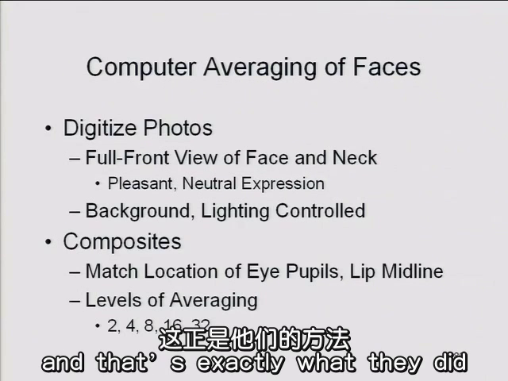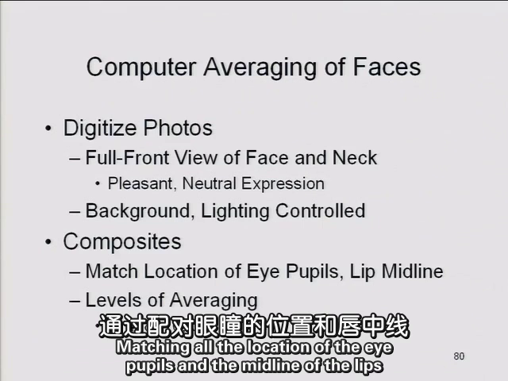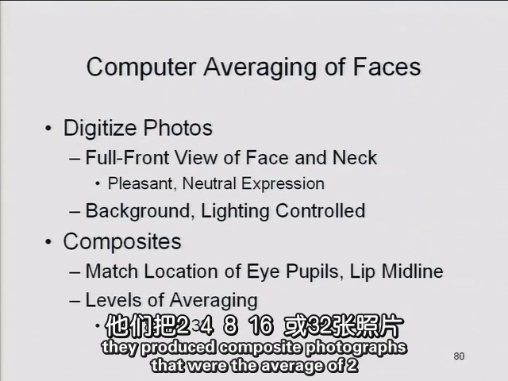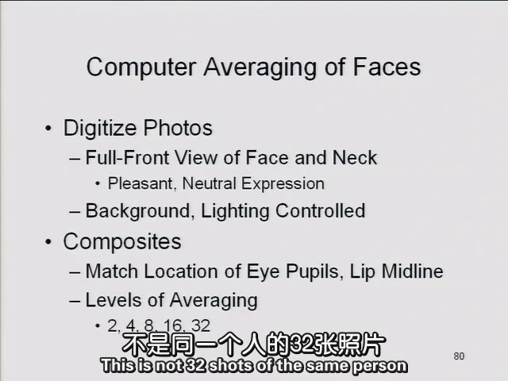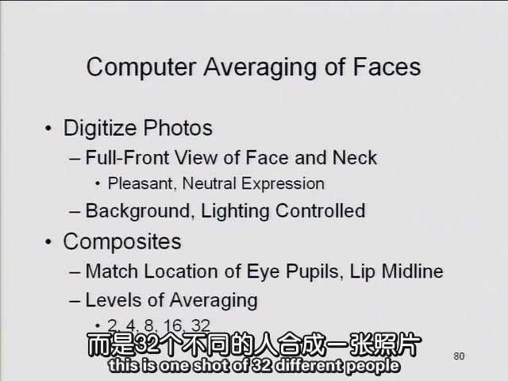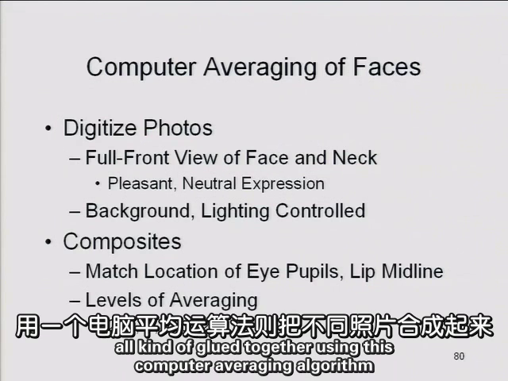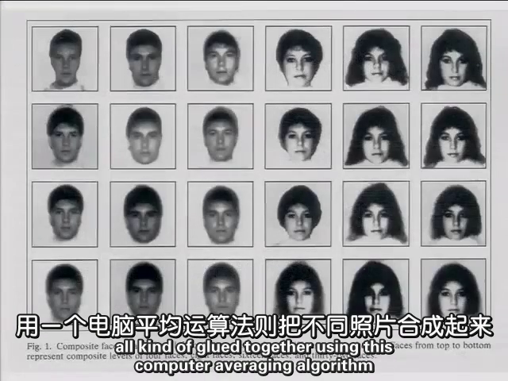And that's exactly what they did, matching the location of the eye pupils and the midline of the lips. They produced composite photographs that were the average of 2 or 4 or 8 or 16 or 32 faces. Now, this is not 32 shots of the same person. This is one shot of 32 different people, all kind of glommed together using this computer averaging algorithm.